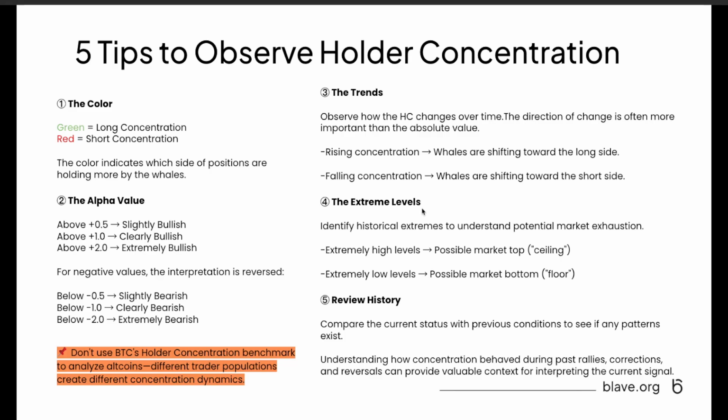And the fourth is the extreme level, which means you should know when holder concentration approaches or achieves a certain level. It could be a resistance or a support level for whale traders pivoting their positioning to the opposite way. An extremely high level could be a possible market top, which means whale holders might hold too much long position in their portfolio.